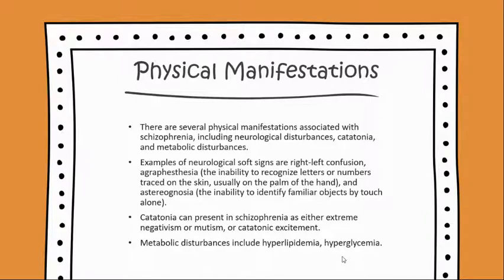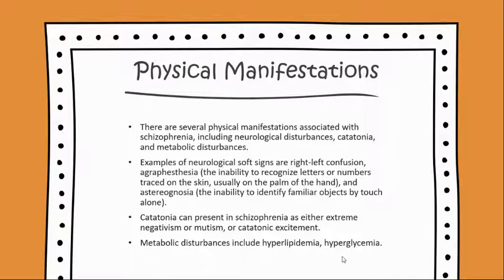Physical manifestations. There are several physical manifestations associated with schizophrenia, including neurological disturbances, catatonia, and metabolic disturbances. Examples of neurological soft signs are right left confusion, agraphesthesia, the inability to recognize letters or numbers traced on the skin, usually on the palm of the hand, and astereognosia, the inability to identify familiar objects by touch alone.